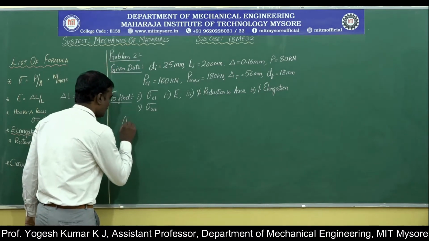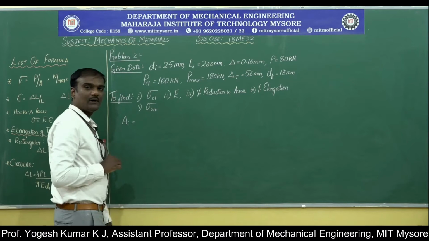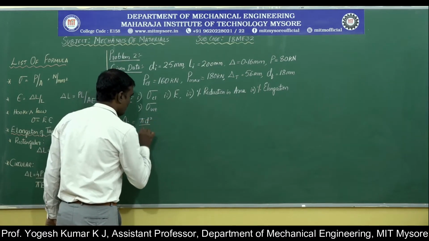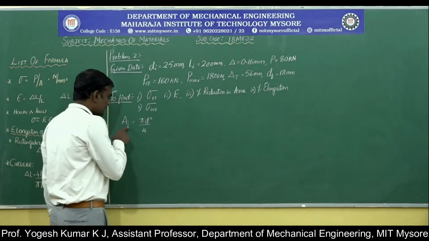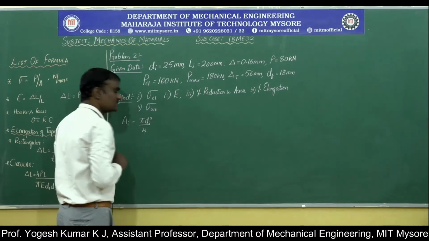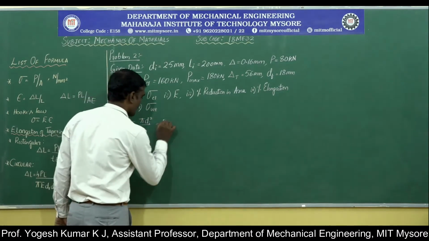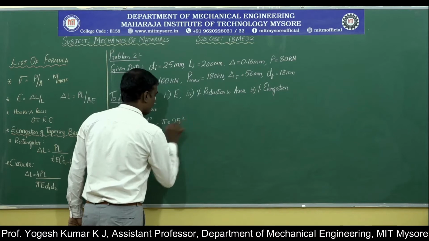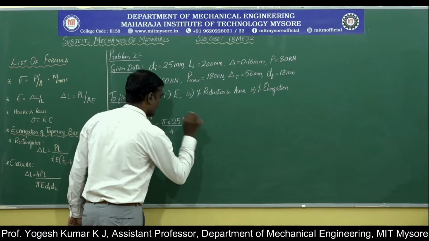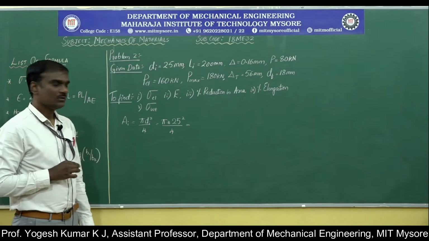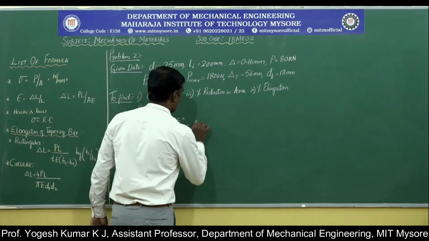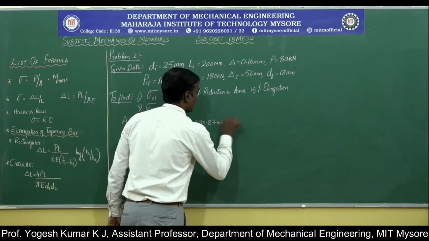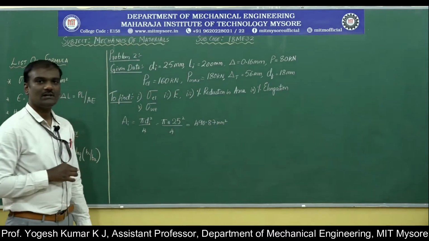The formula for the cross-sectional area of a circular member is pi d square by 4. Since it is initial, I will take the initial diameter, d_i. Pi into the initial diameter 25 square divided by 4. If we solve this, we get 490.87 mm square. So, this is the initial area.